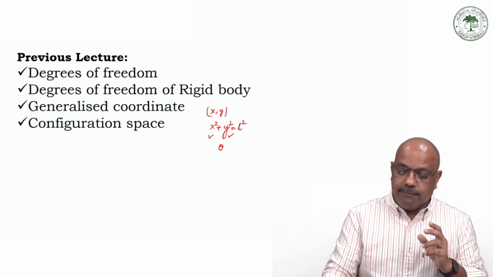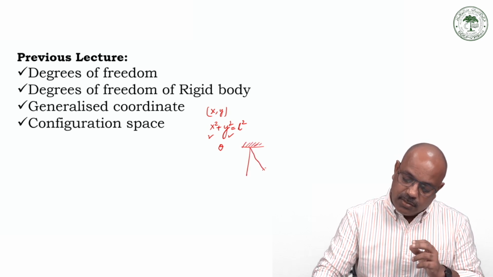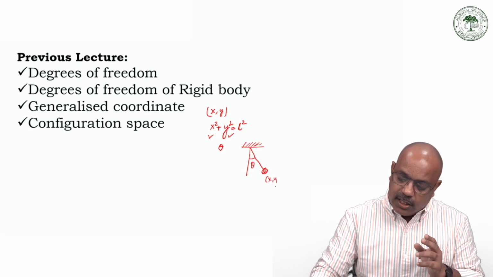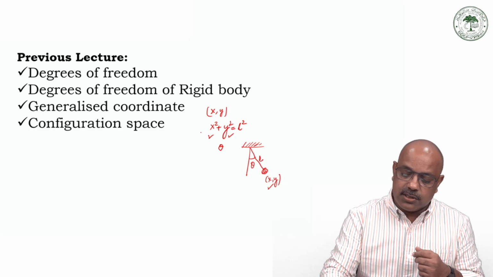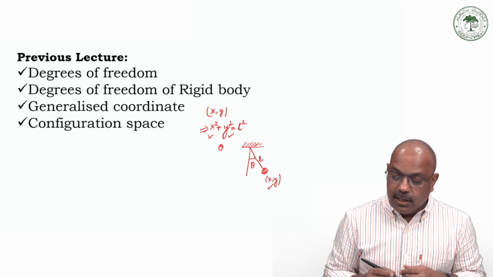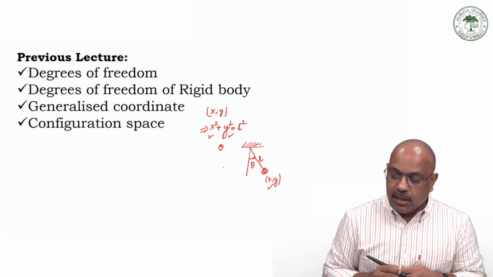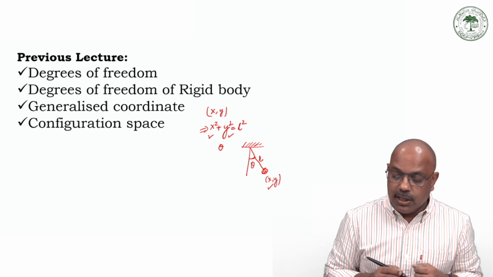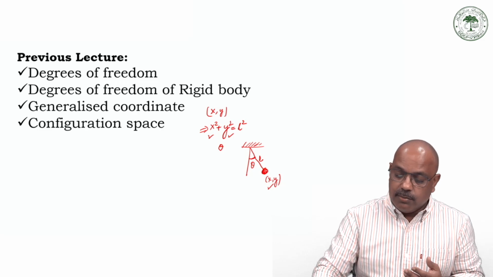If I say this is my pendulum, I could explain the position by x and y, but the moment I fix this L, x and y become dependent coordinates. With theta, which is my generalized coordinate, being an independent coordinate, the moment I know theta, I know where this pendulum is going to be.